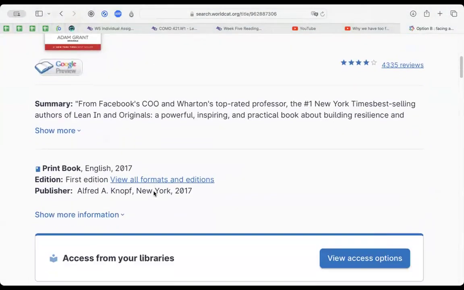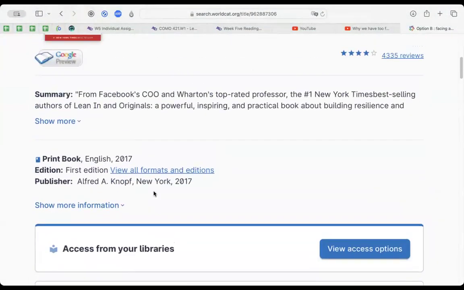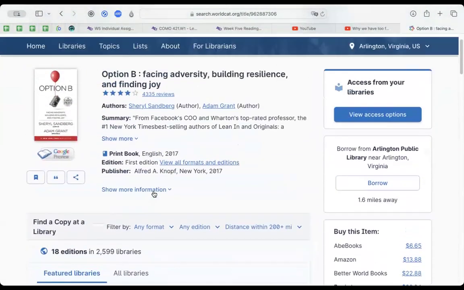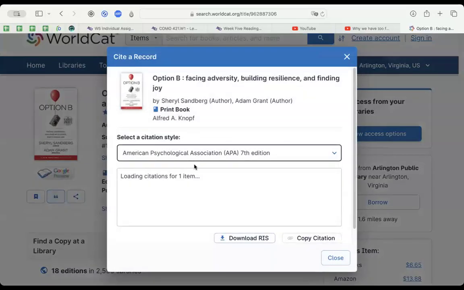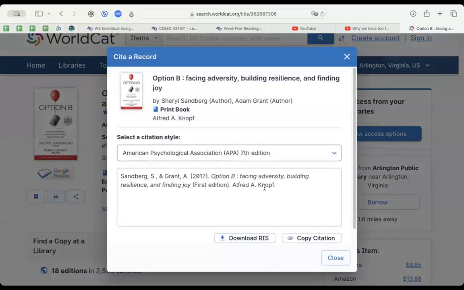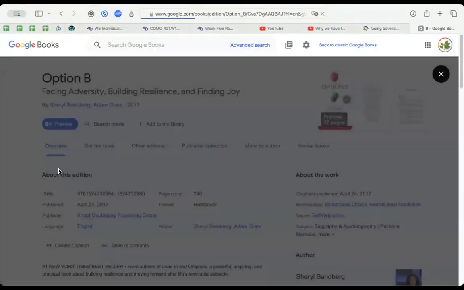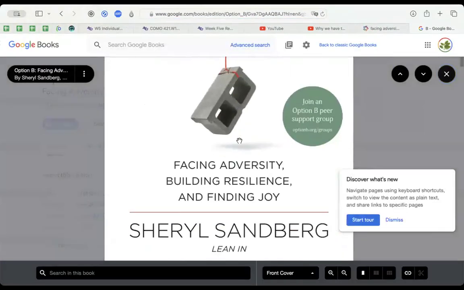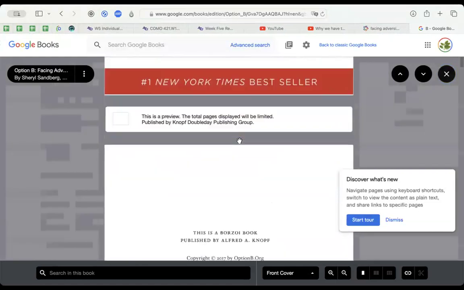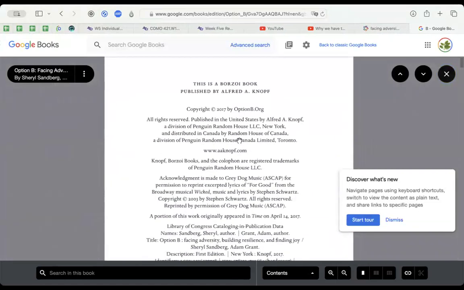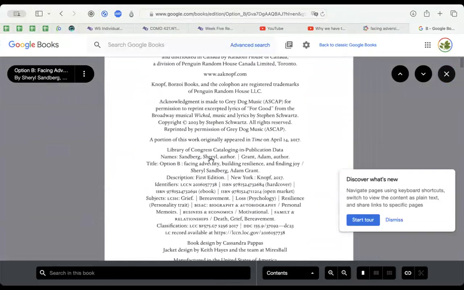We can use the cite button again to save on some time here, but we always want to check. So in this case, it loads up, and that looks pretty close. We need to make the same type of fixes, but that looks about right. And we can also open up the Google preview and go look at the front page and say, okay, we have two people listed as the authors here.